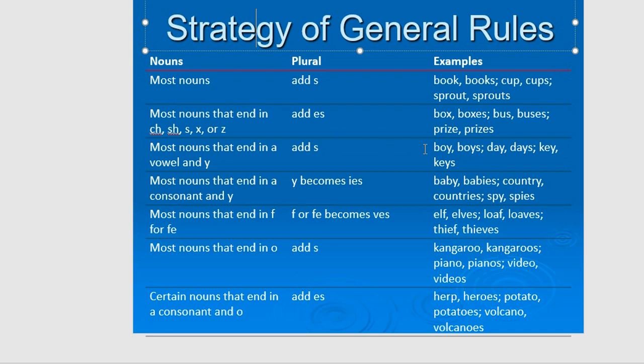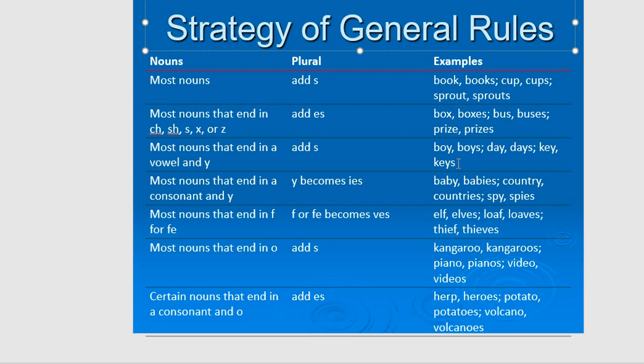So with boy, we check the letter before y and find a vowel, so we keep the y and add s. Like day: before y we find the vowel a, so we keep it and add s. Key: we find the vowel e, we just keep it and add s at the end of the word.